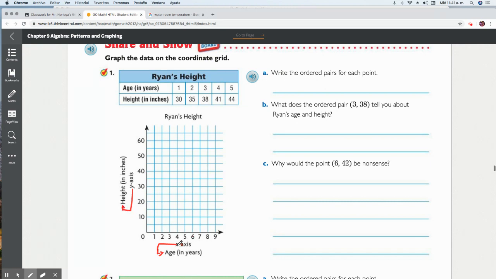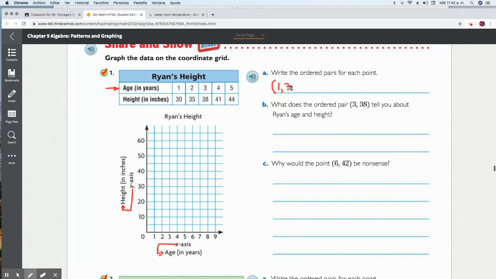So for the first number, we're going to find Ryan's age, and Ryan's age is right here, in this first column. So the first pair of numbers would be 1 for the x-axis, and the height in inches when he was 1 year old, 30.